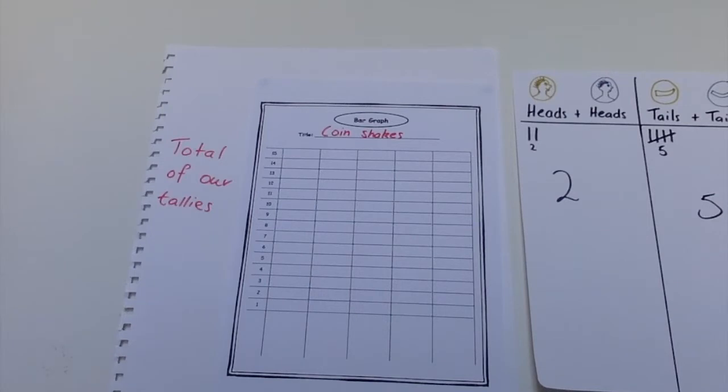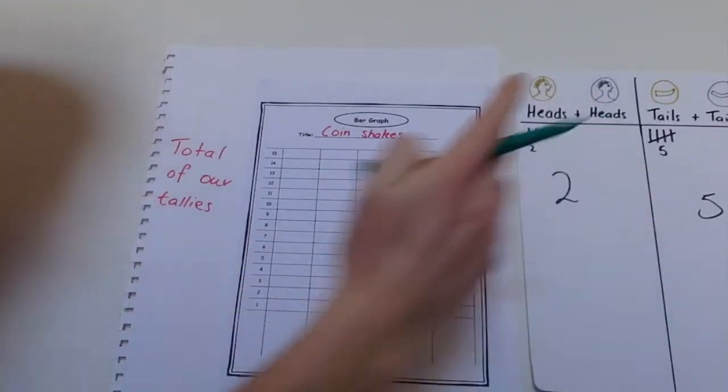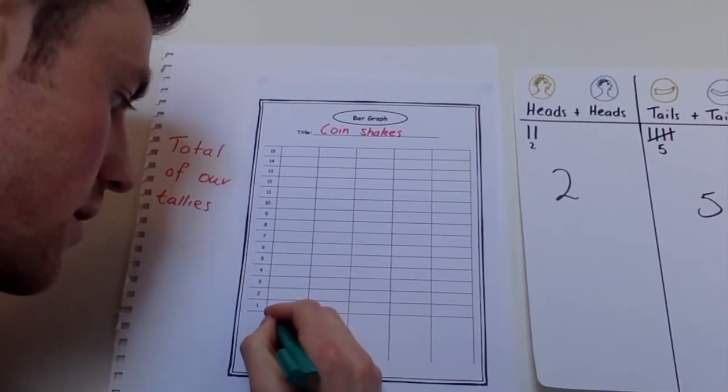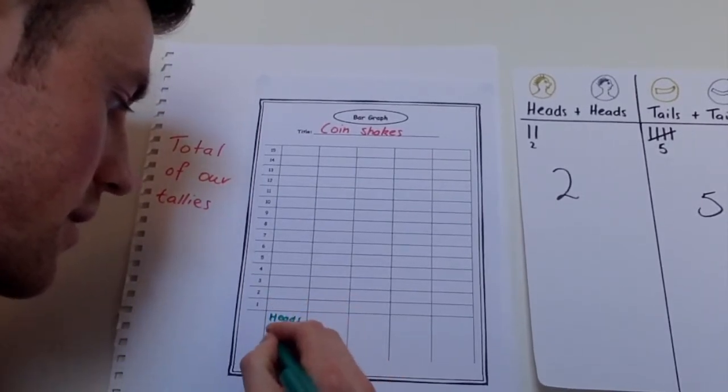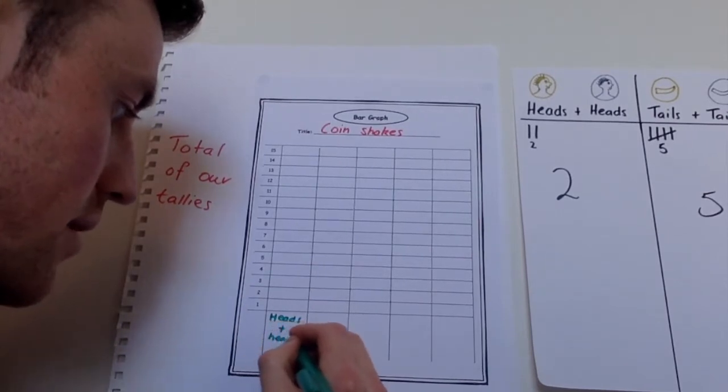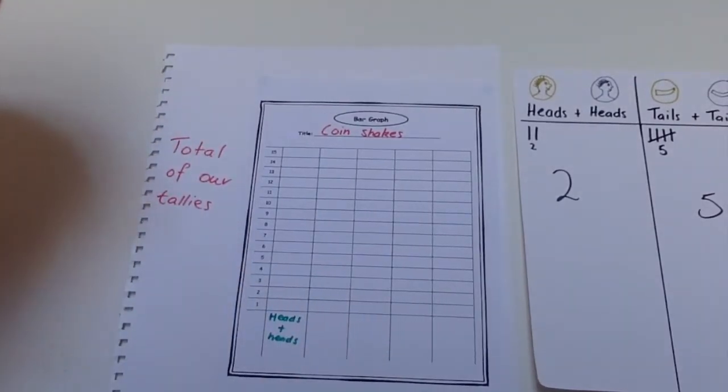I'm going to start off with my green colour, and now I'm going to write in heads and heads, heads plus heads. So that is my first heading.